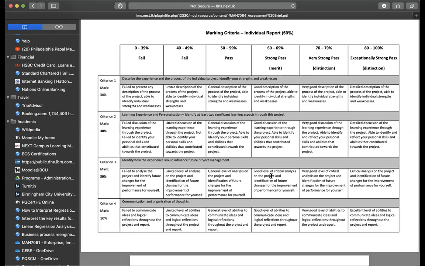I will upload about 3 sample reflection papers, so you'll know exactly how to tackle this, because I appreciate that this is something a lot of students struggle with. A lot of students struggle. So you need to be very careful.